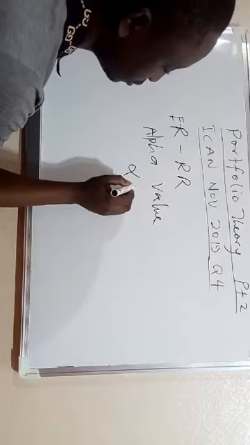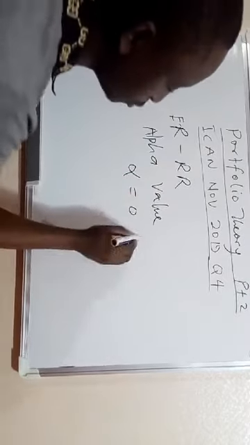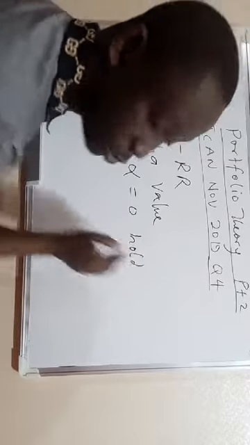And I said the symbol for the alpha value is this. If the alpha value is equal to 0, you hold the investment, because it is properly priced.